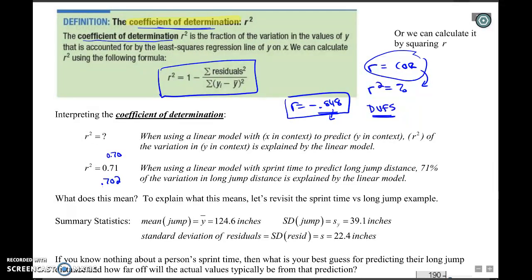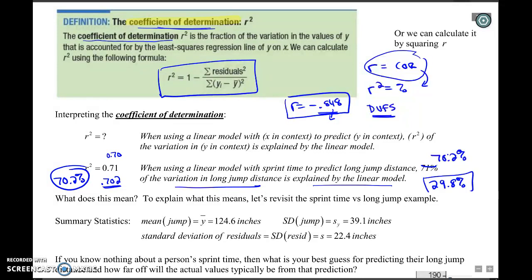But when we square it, it actually converts it into a percentage that does have some meaning. Basically, when using a linear model with sprint time to predict the long jump distance, 70.2% of the variation in our long jump distances is explained by the linear model, meaning 29.8% of the variability in our long jump distances is left over in the residuals.